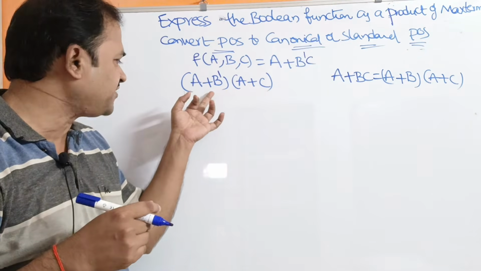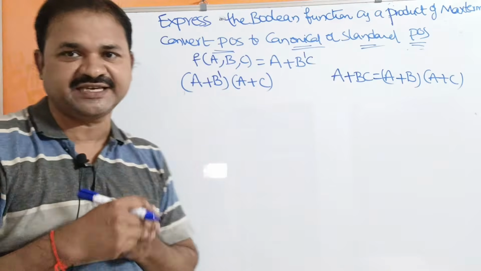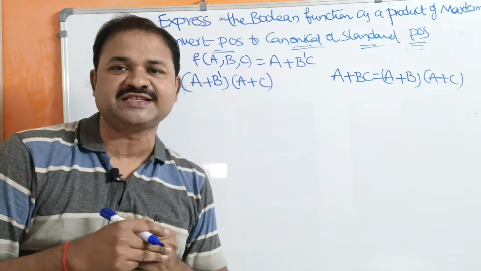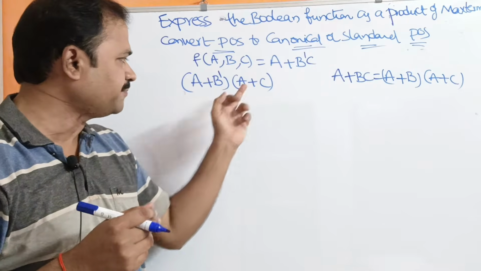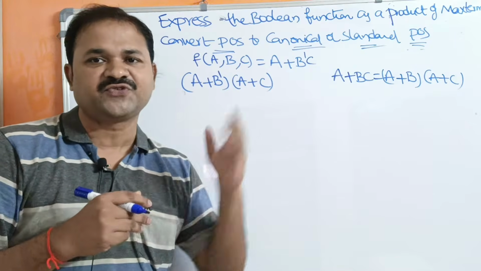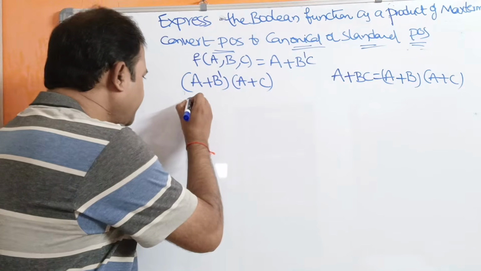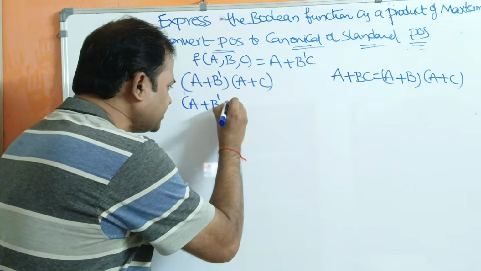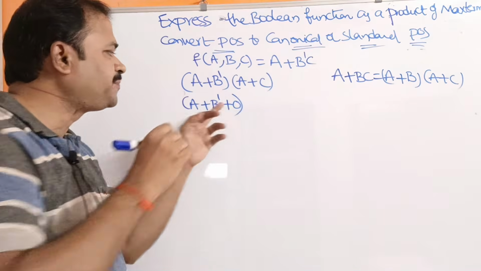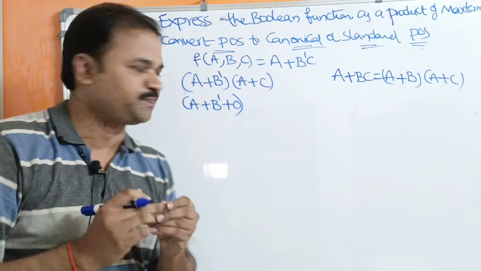If we observe the first term, c is missing. Here we have two literals, whereas if we observe the second term, b is missing. So let us add those. We can write this as a plus b dash plus 0. In order to obtain c, let us add 0.